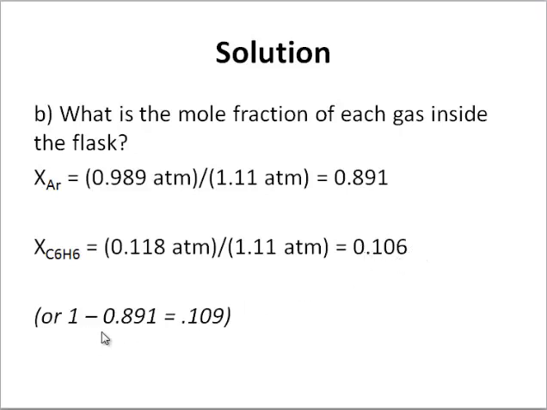Or we could take 1 minus 0.981, well, that gives us 0.109. Either answer would be acceptable for the mole fraction of C6H6. They are the same within the limits of precision of these numbers.